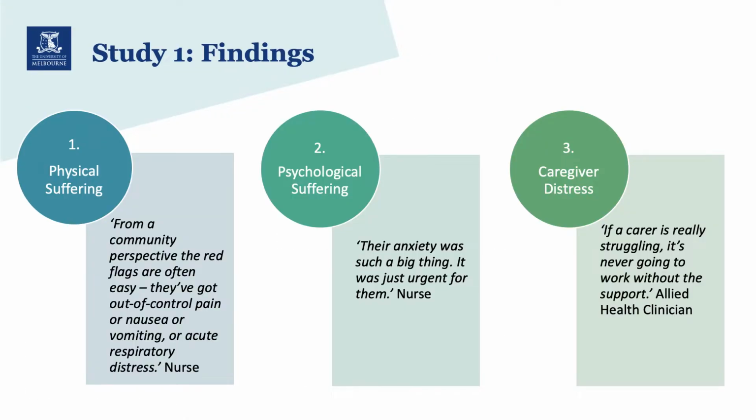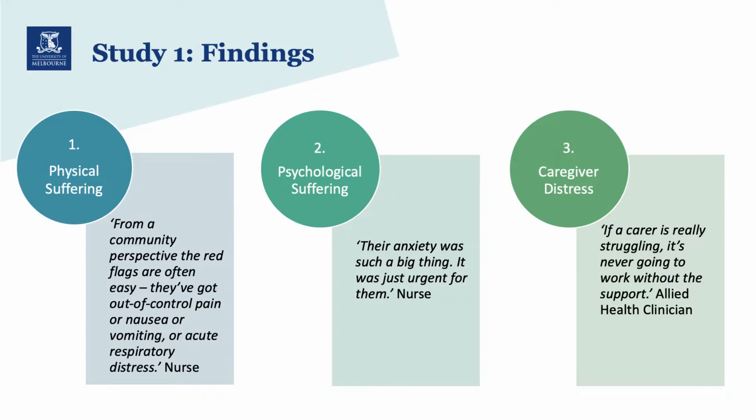So just looking at each one in more detail with some quotes from the participants. Physical suffering of the patient is a fairly obvious one, and a nurse here saying, from a community perspective, the red flags are often easy. They've got out of control pain or nausea or vomiting or acute respiratory distress.